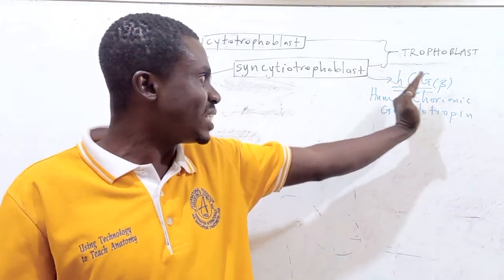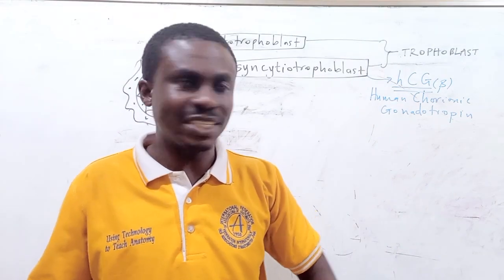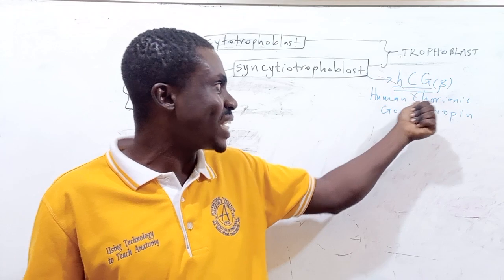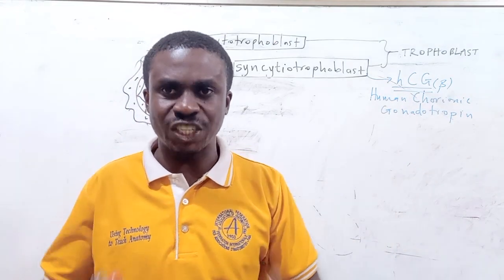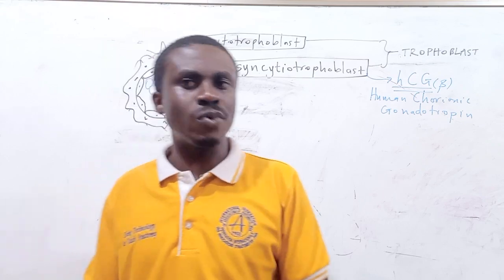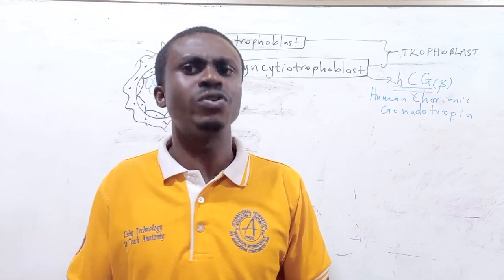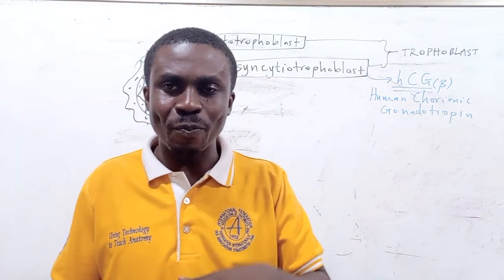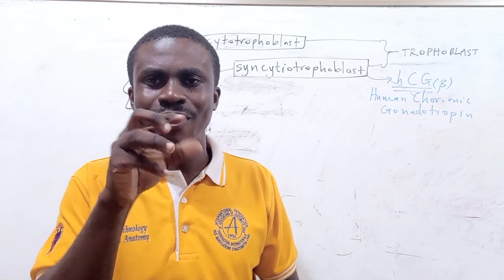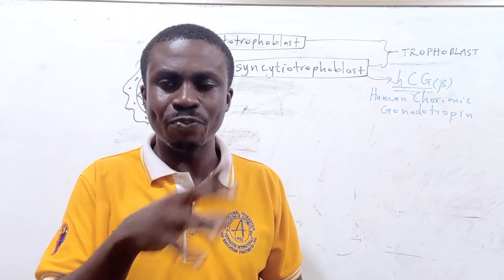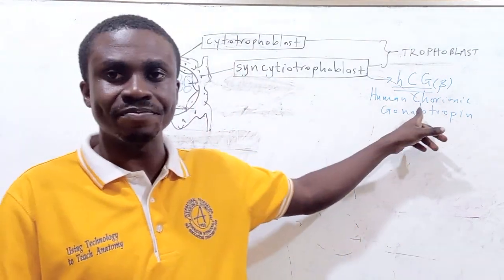For it to stimulate it, because there's implantation, there's fertilization, there's conception, that's why this syncytial trophoblast is making this HCG to ensure continual survival of the corpus luteum, to make a lot of progesterone. For this reason, that corpus luteum beyond 14 days will be called corpus luteum of pregnancy, or corpus luteum gravidarum. Yes, that's what we'll be seeing.